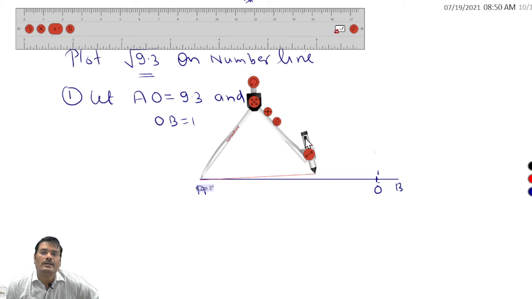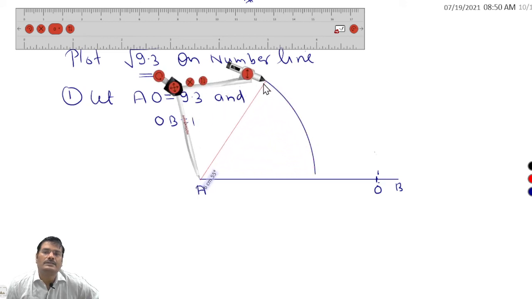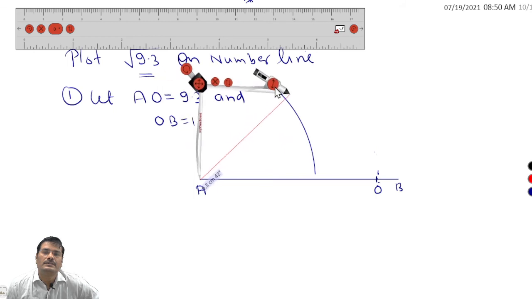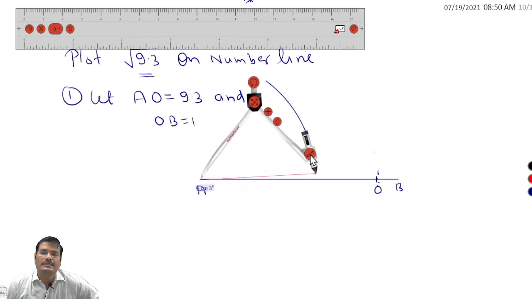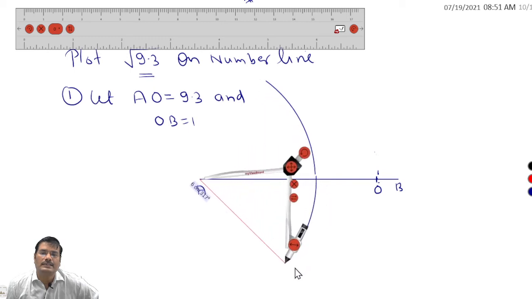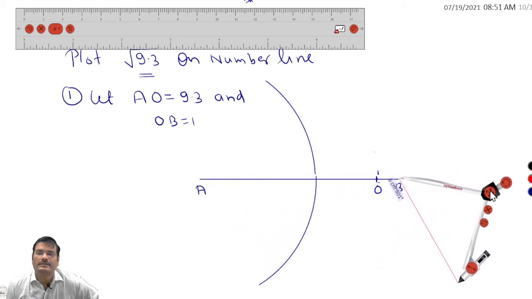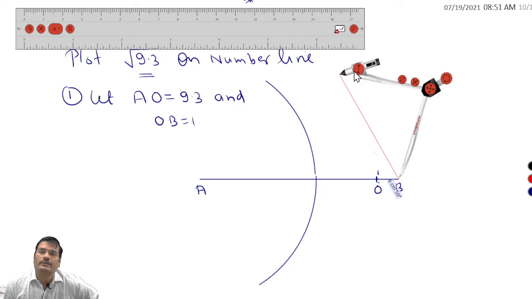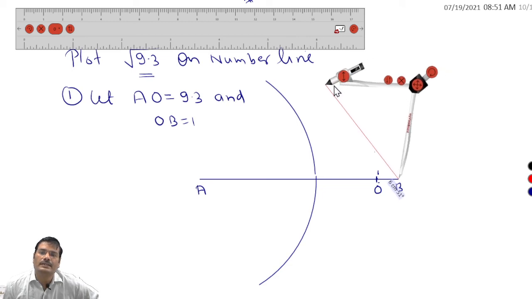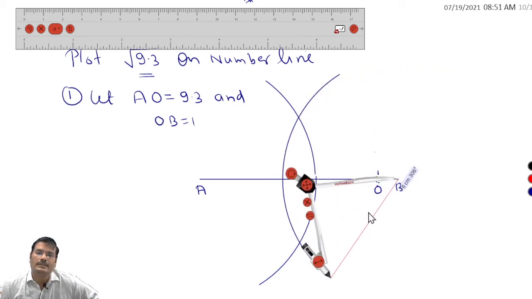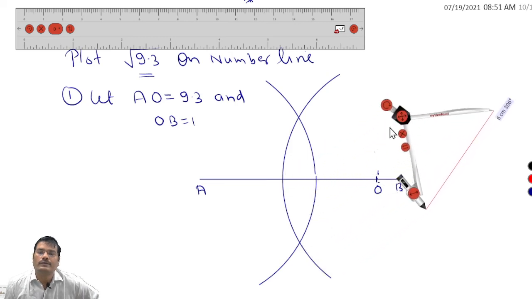After this, from the same distance we cut this arc here. Again, from the same distance if we cut the arc, we will get the perpendicular bisector of this one.